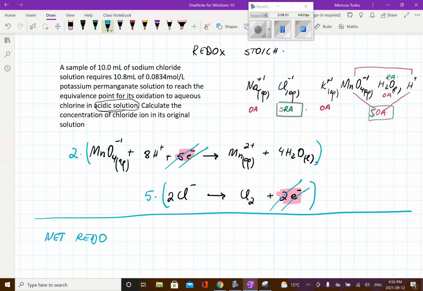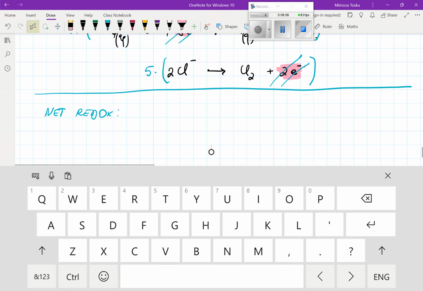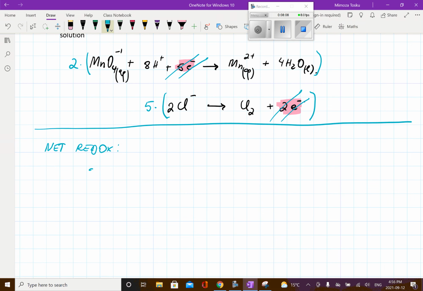And then the final net redox equation will be 2 permanganate in aqueous solution plus 2 times 8 is 16 hydrogen ions, there is nothing else here, plus 2 times 5 is 10 chloride, all in aqueous solution.